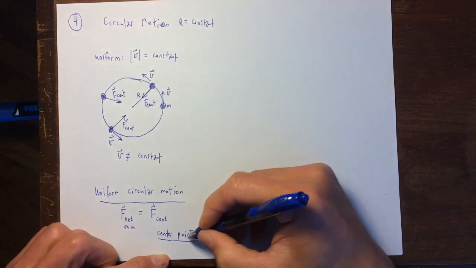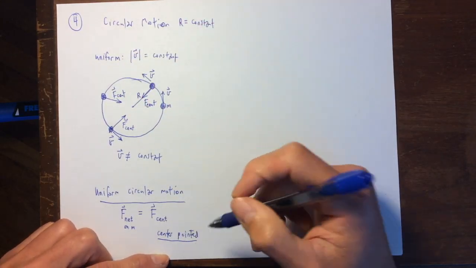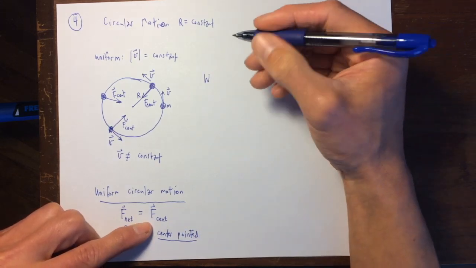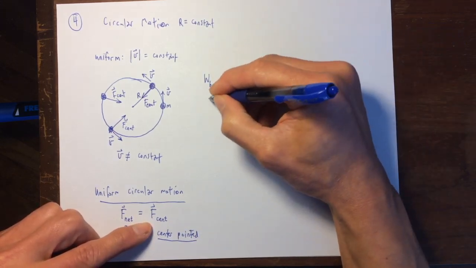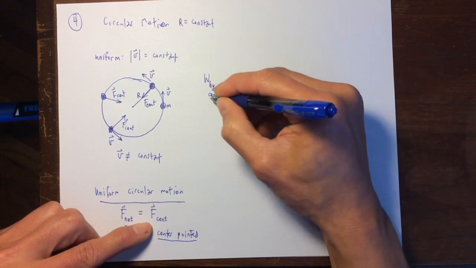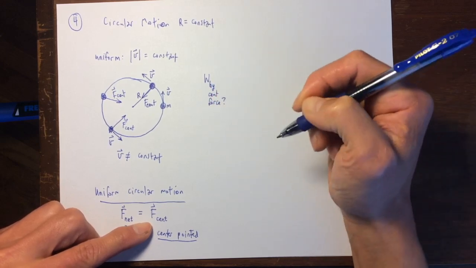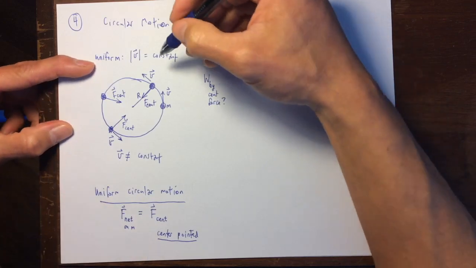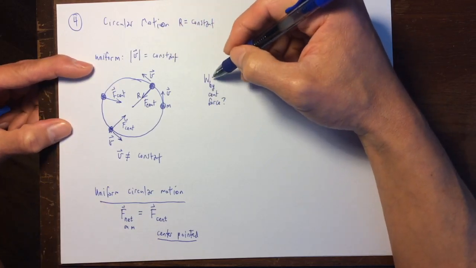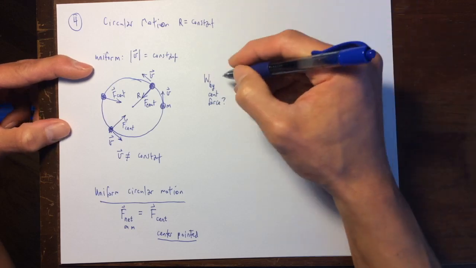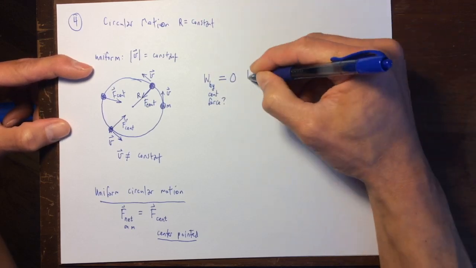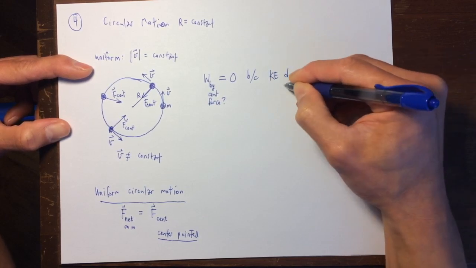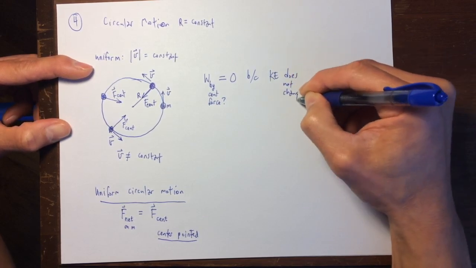It's called the center-pointed force, the centripetal force. So what's interesting about that is to ask, what is the work done by the centripetal force? In uniform circular motion, we know that the work done by the centripetal force is always going to be zero, because the kinetic energy does not change.